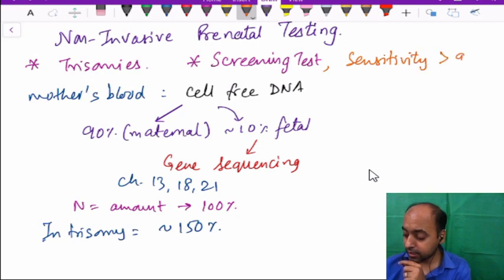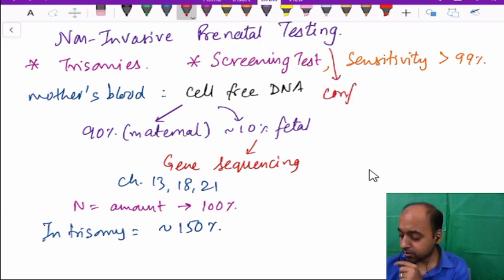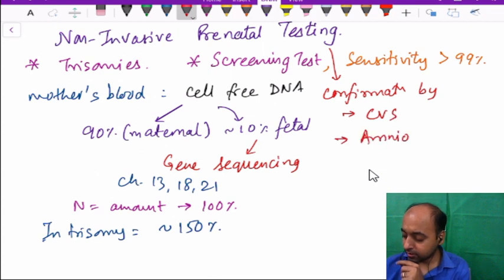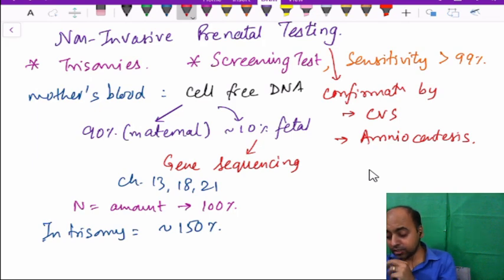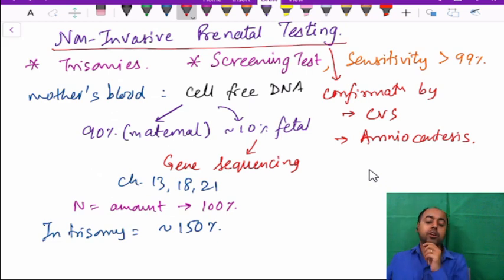Sensitivity is greater than 99%, but confirmation by either chorionic villus sampling or amniocentesis, depending on stage of pregnancy. Confirmation can only be done by CVS or amniocentesis. However, the screening can be done by the non-invasive prenatal testing. So these are two new important tests which you have to keep in mind.